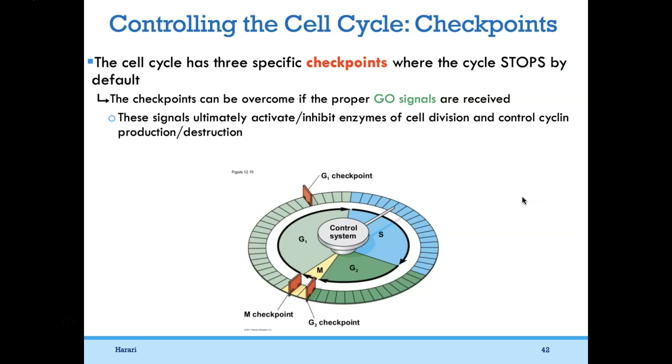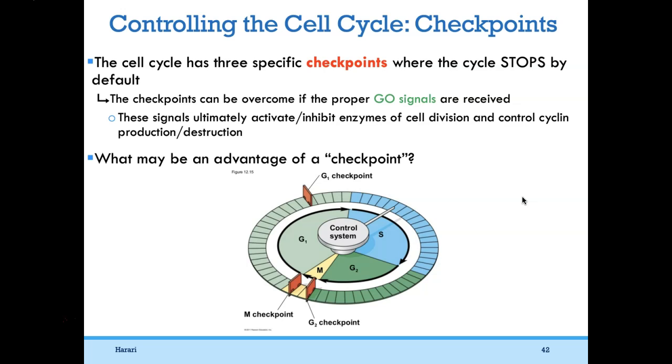This might sound complicated, with go signals and stop signals and all these signals. But what these signals are doing is controlling the amount of cyclins inside of the cell. And they're controlling which enzymes are active and which are inactive throughout the cell cycle. So there's a lot of cell signaling going on.